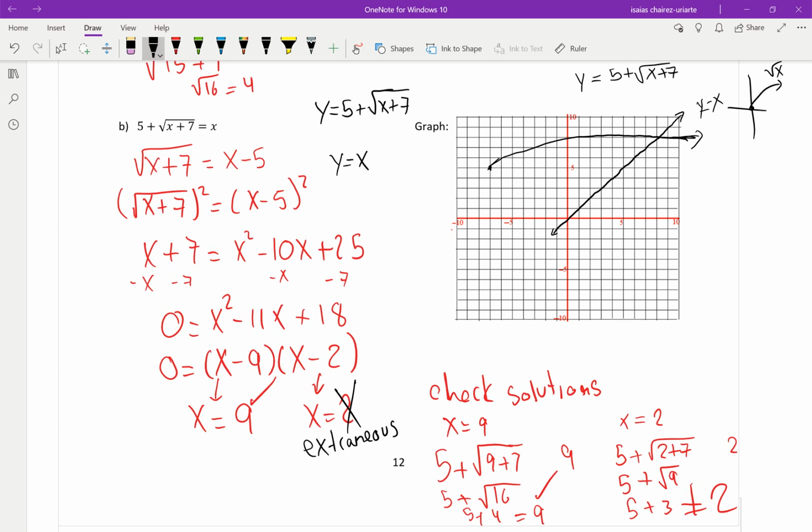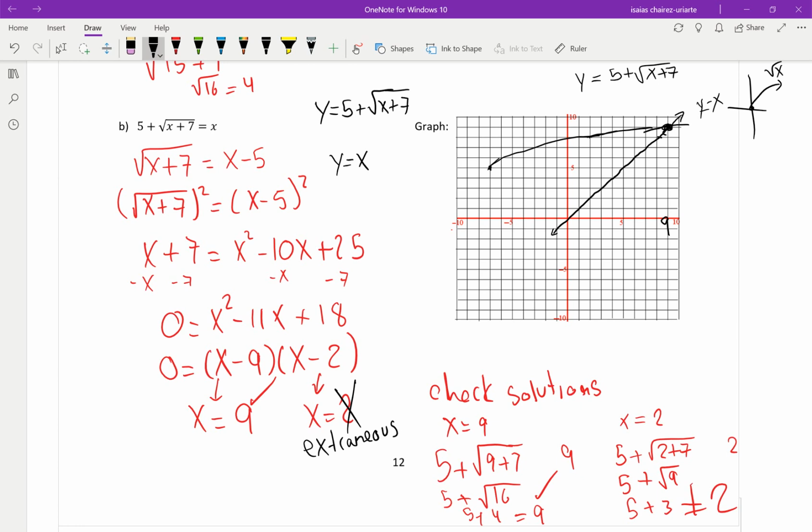They're supposed to intersect each other at x equals 9. Sorry, I'm making a mess of this graph. Let me try to be a little bit more careful here. You get the idea. We'll use the calculator here in a second. So 9 right there, that's where they're supposed to intersect.